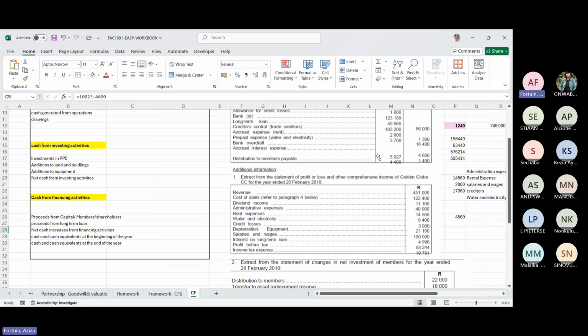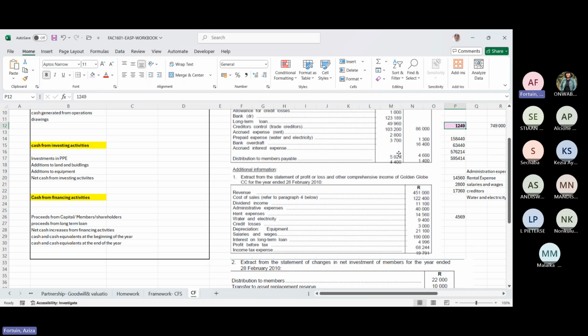Now you guys made me mixed up. This here is a typo. Accrued expense was not this line. Accrued expense was 1249. Here must be a line that says the accrued taxation.